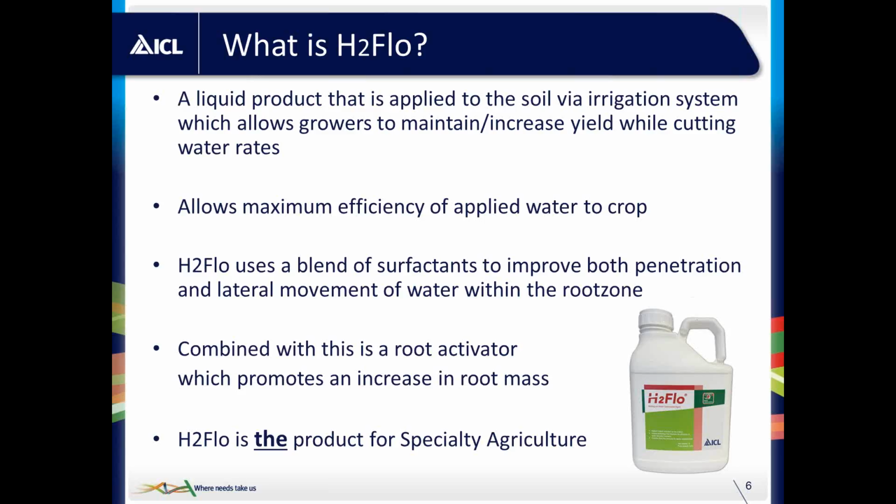H2Flo uses a blend of surfactants to improve both penetration and lateral, so sideways, movement of the water within the root zone. Combined with this is a root activator, which promotes an increase in root mass. H2Flo is the product for specialty agriculture, formulated and designed specifically for this market.